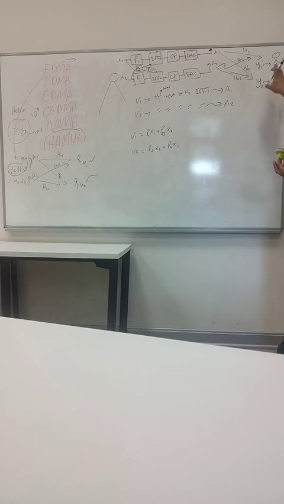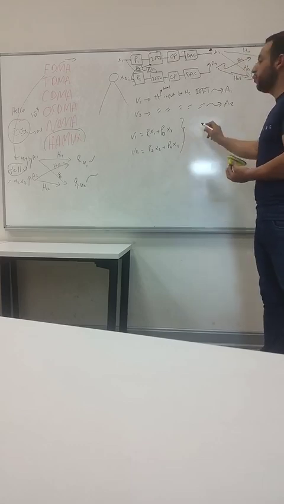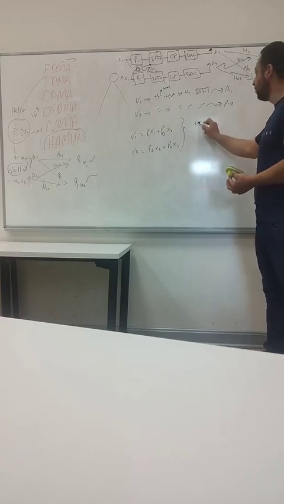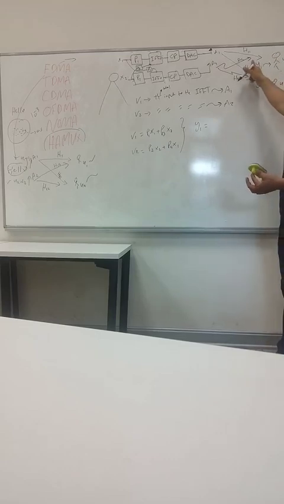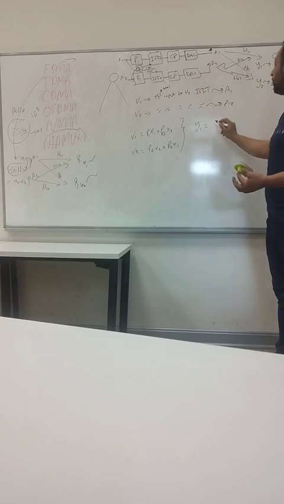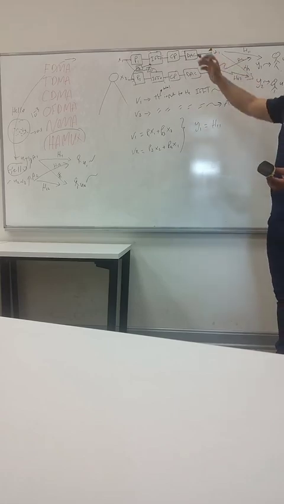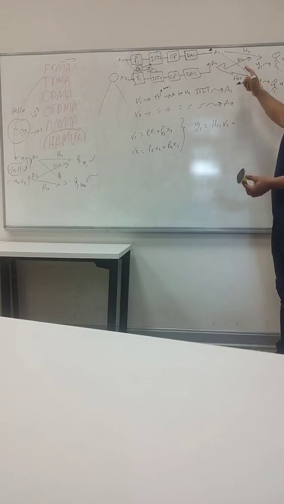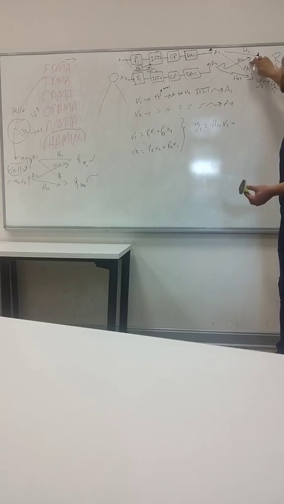So what do we get at Y1 now? Okay, we found V1 and V2. What do we get at Y1? H11 multiplied by V1, which is the upper side, plus another signal. User 1, this Y1 gets this link and this link.